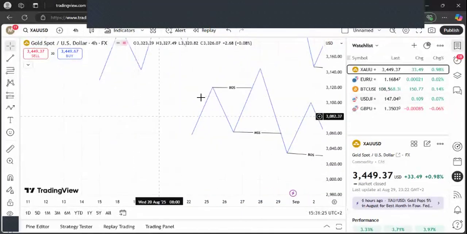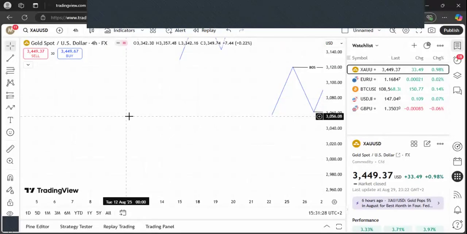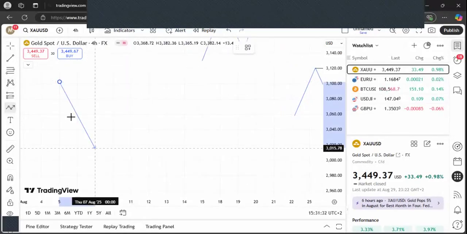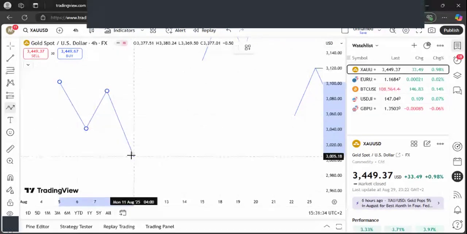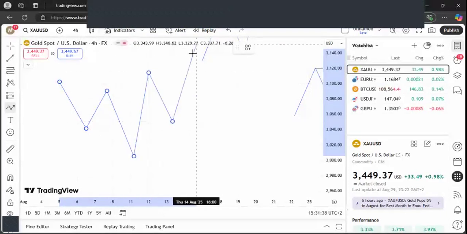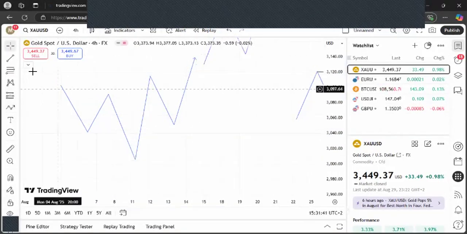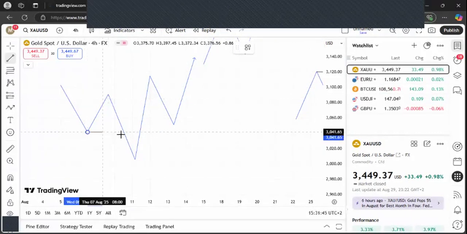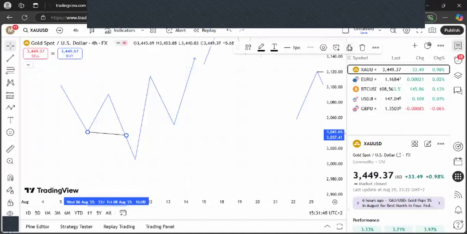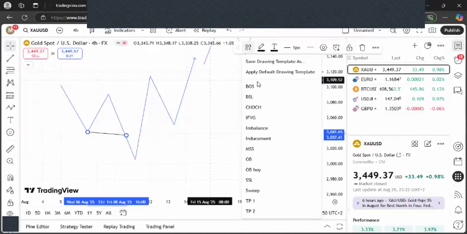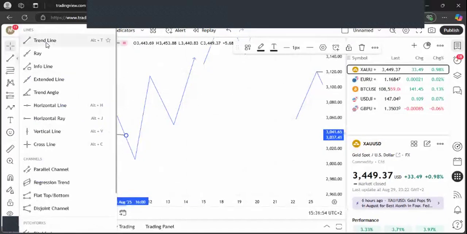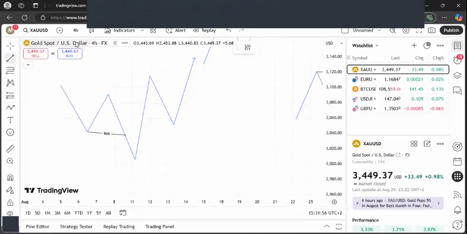And then it works the same way with a bearish trend that changes structure to the upside. For example, here's our bearish trend. Okay, we're going down, and then it switches structure, and it changes to the upside. Okay, our break of structure indicates we're still going on the downside.